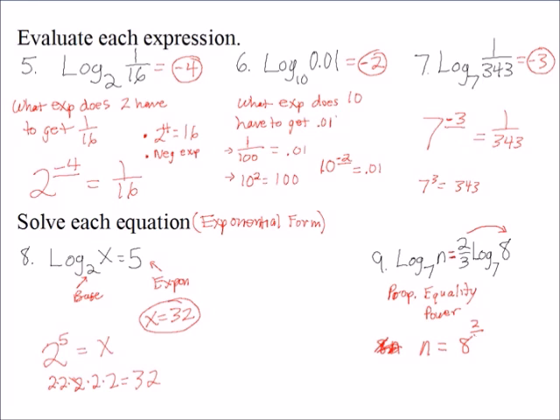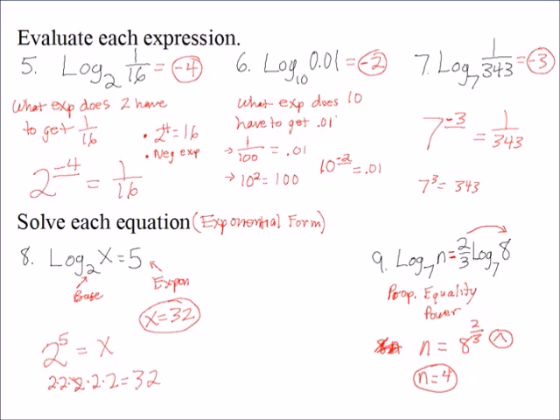Now if you plug this in the calculator, probably a graphing calculator, use your caret, you'll find out that 8 to the 2/3 is going to be 4. So n equals 4. If you use this button on your calculator and you do 8 to the 2/3, you're going to get n equals 4.